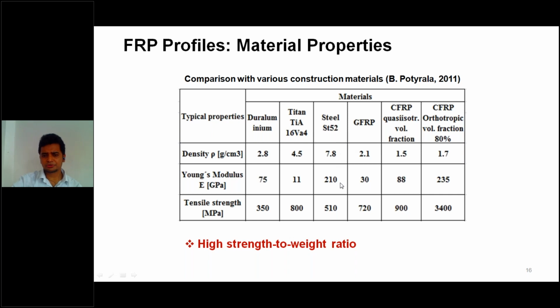Compared to steel, the tensile strength is better, going up to 720 Newton per mm square in case of GFRP. And CFRP goes even higher, like 3400 Newton per mm square. But their density is also very low compared to other materials. So yes, these have a high strength to weight ratio.